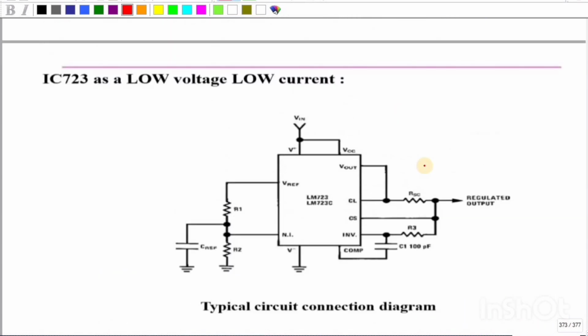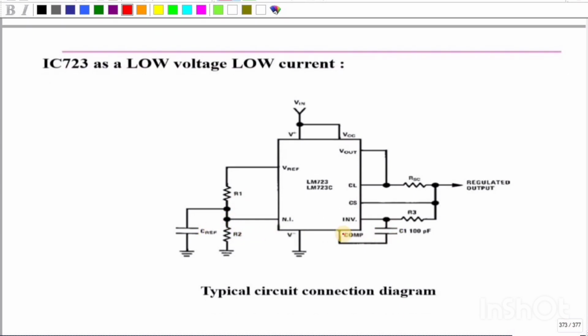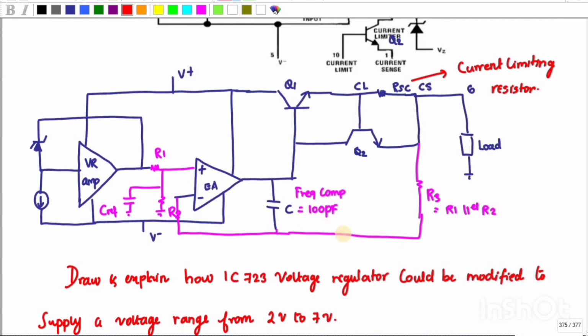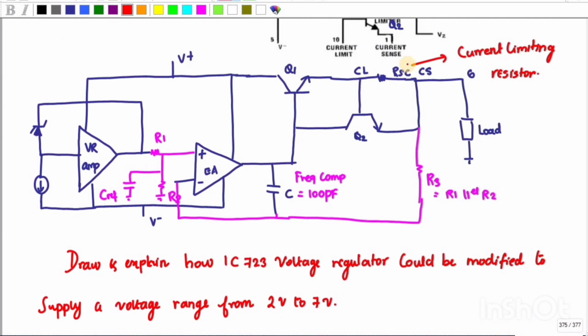Okay, RSC, R3, C1, C reference, R1 and R2. Okay, so here you can see this RSC is nothing but a current limiting resistor. So this IC 723 is used for protecting against short circuit current.